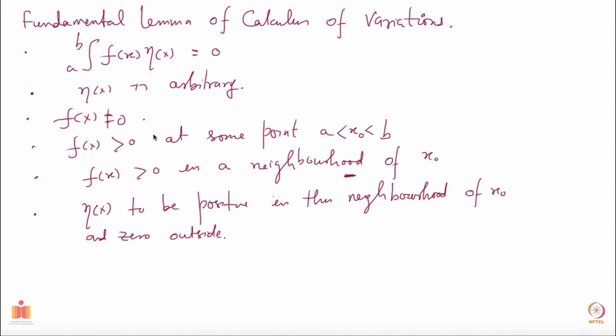Which is in contradiction to what we set out to say, that the integral should be 0, which means that this assumption is not correct. So we get a contradiction, which implies that my f has to be 0 identically.